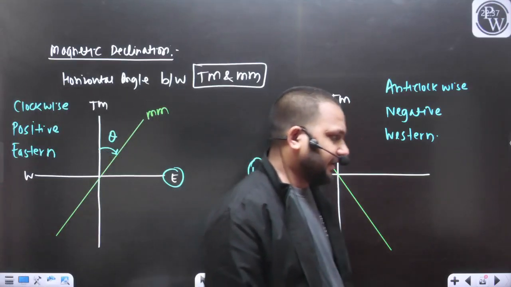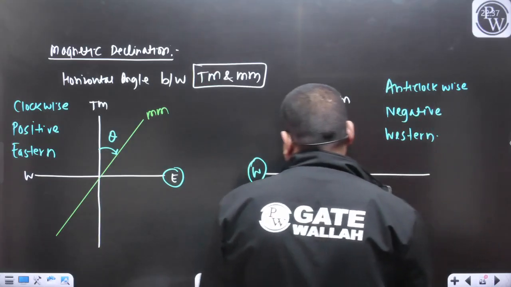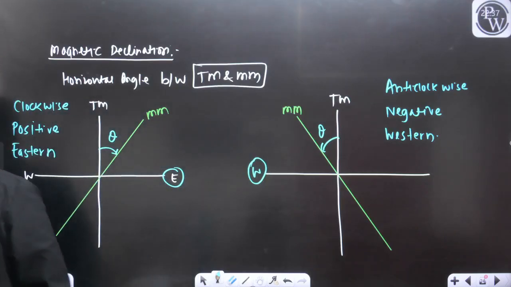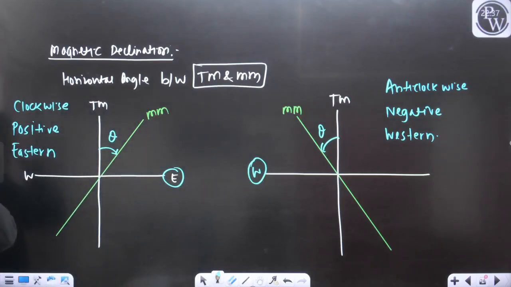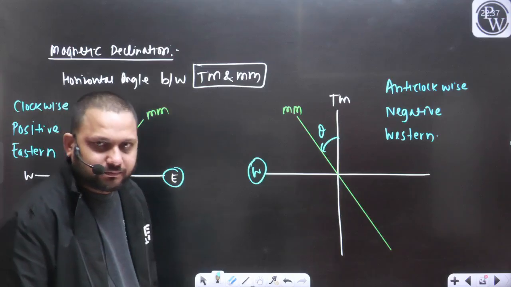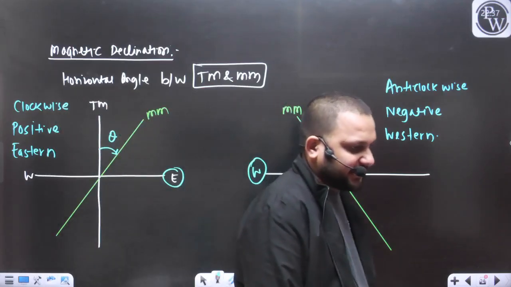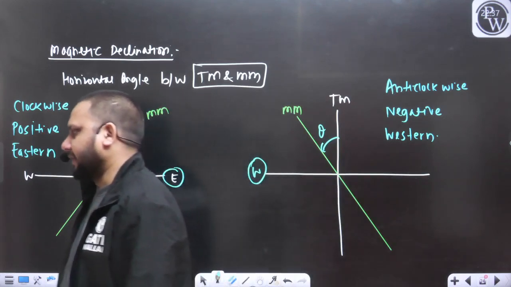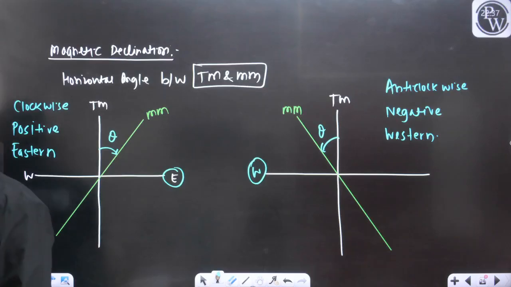This point is clear to everyone, yes or no? So if anyone has any doubt, whatever we have discussed till now in the case of compass surveying, at any point if you have any doubt or any query, you can ask.